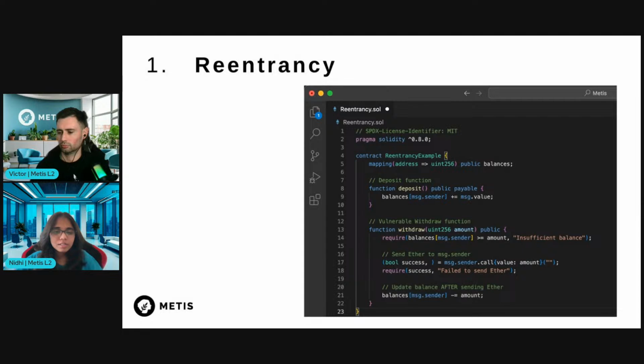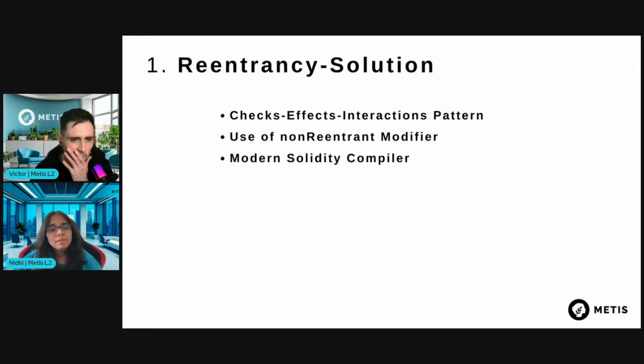Here in this contract, in the withdraw function, we can just move the balance update on lines 20 and 21 to just before line 17. So first we update the balance and then we send the ether. That's the checks-effects-interactions pattern.